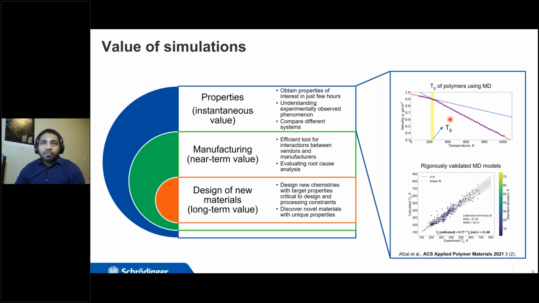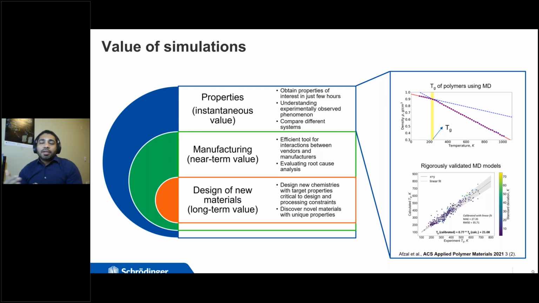And we have validated such a model against a large number of experimentally available glass transition temperature values from literature. We have shown that the model is very good for getting an initial estimate for the glass transition temperature of polymers. Additionally, we can understand any trends that we see in experiments, for example, what happens when we increase a certain component.